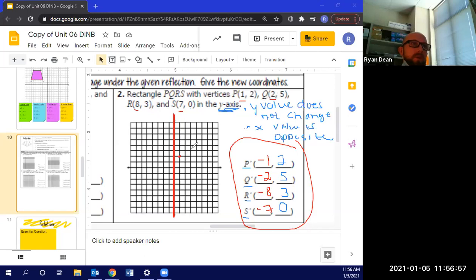Q is at +2, +5. There's Q, here's P. R is at +8 for x, +3 for y. S is at +7 and 0 for y. So this is my original shape. This is my pre-image.